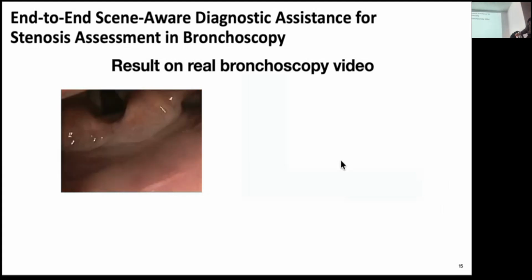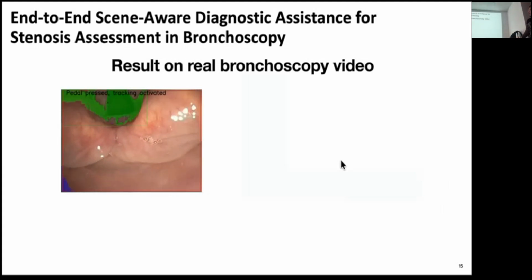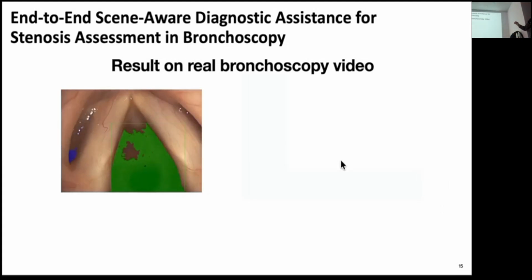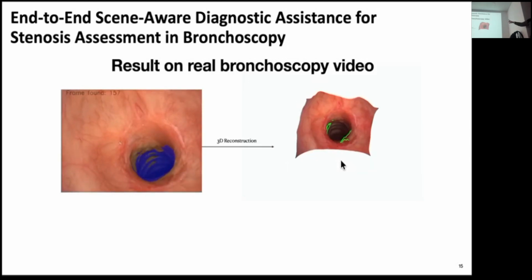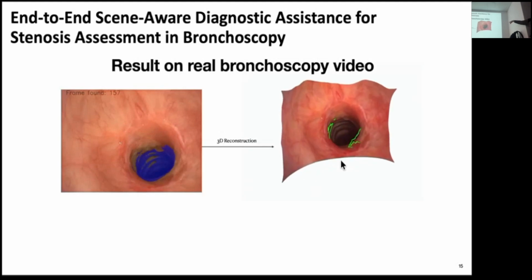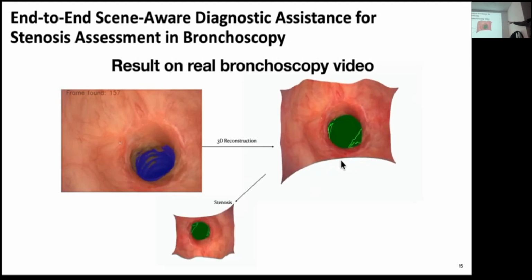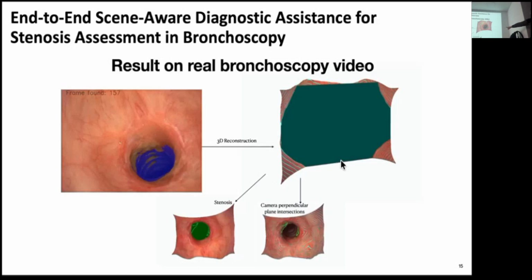So I have an example of how it runs on a real video. That's at the point of the stenosis that's very narrow, and we reconstruct the model, reconstruct the airway, and then we get the planes. The green one is the stenosis, the blue one looks great.